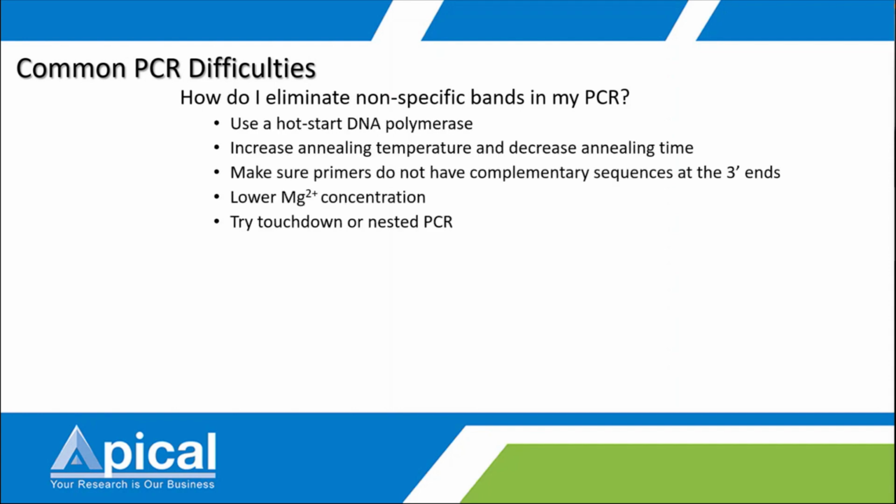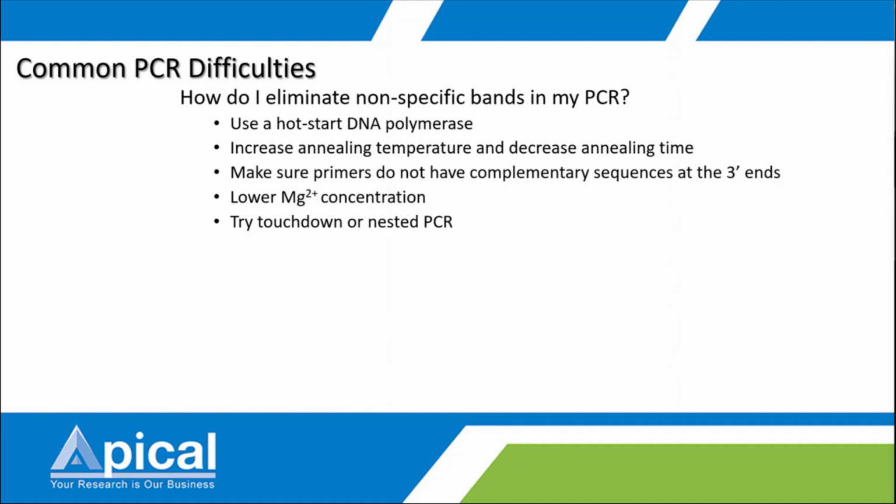Polymerase activity prior to the start of the PCR cycling can lead to non-specific bands, and the easiest way is to use hot start DNA polymerase. If after using hot start you still have non-specific bands, then you may need to increase or decrease the annealing temperature, adjusting it a little bit.